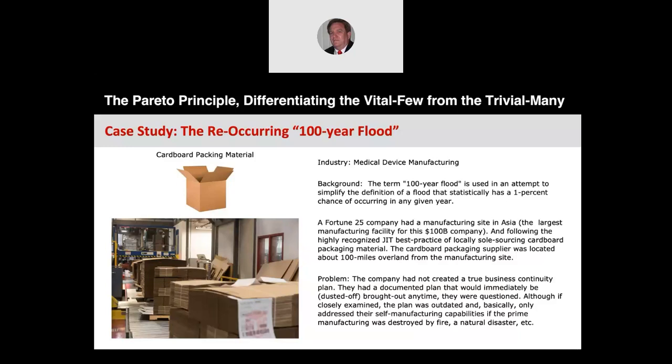The source was only about 100 miles over land. So not a big deal. But the one thing is that the company didn't really have a contingency plan. They just figured, hey, it's cardboard, I'm not going to worry about it.